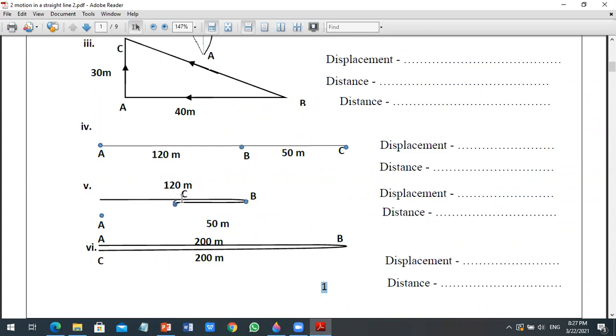From A to C, here A has moved, it's just a mistake. So A to B and then to C. Again here A to B and to C. So you can find the answer here also. Consider A, B, C when you are answering like that.